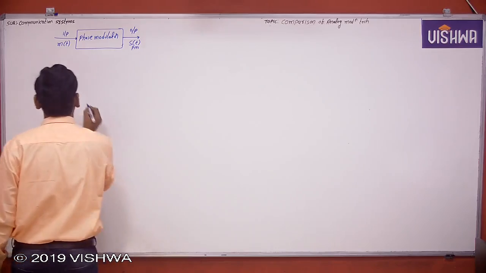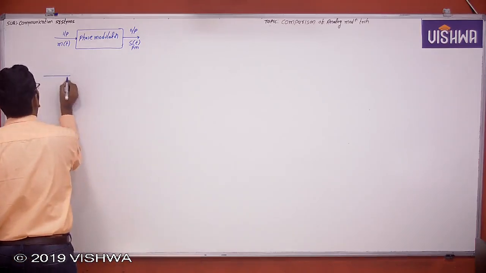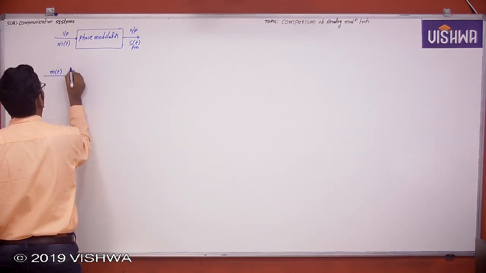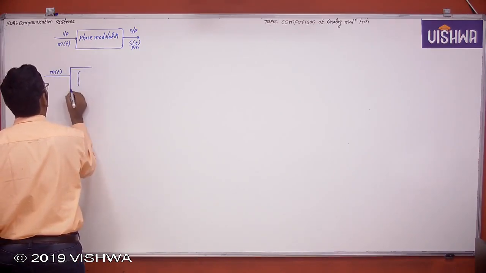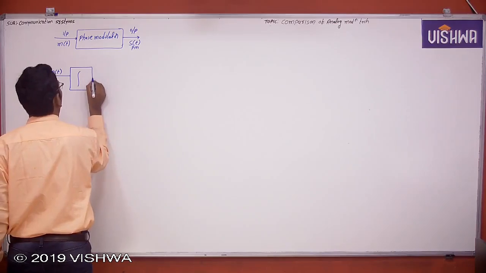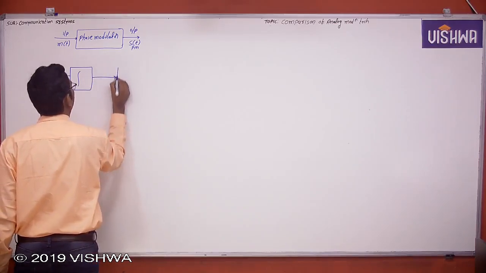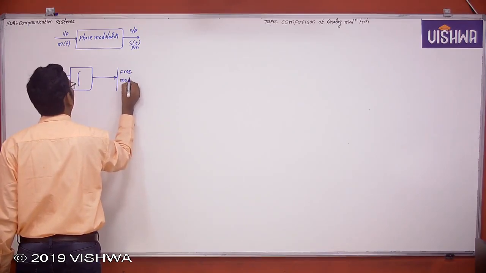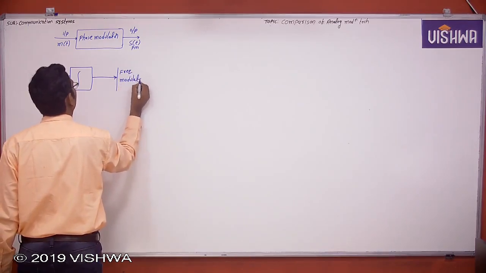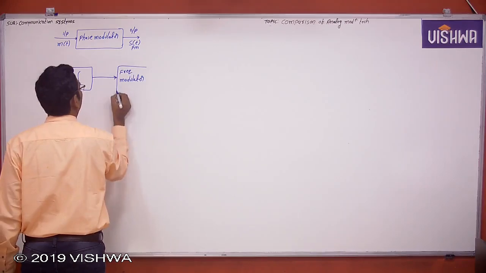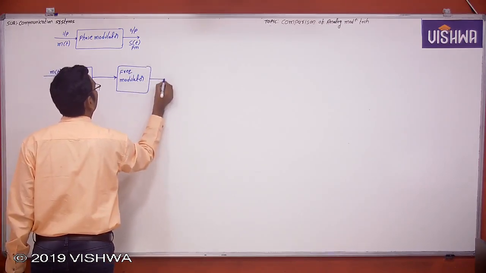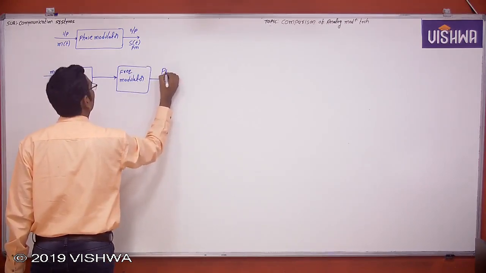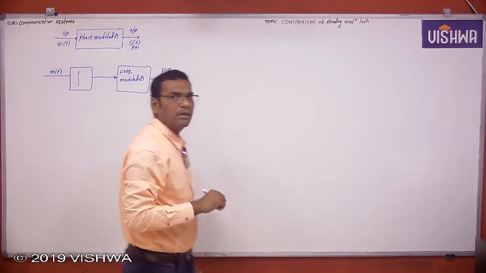Now this is the input signal, m of t, going to an integrator, then it is applied to a frequency modulator, and you can get a PM signal.